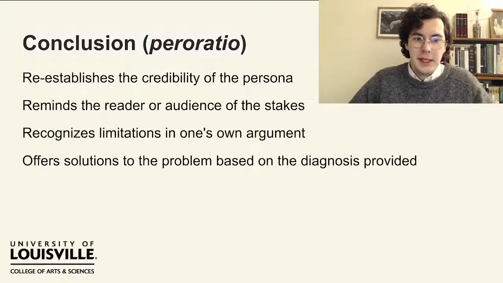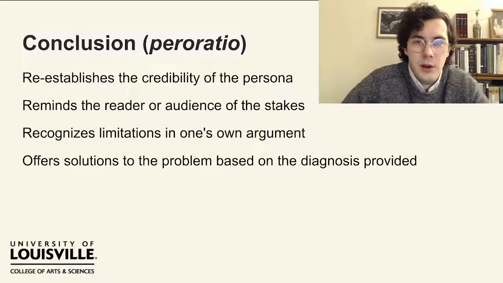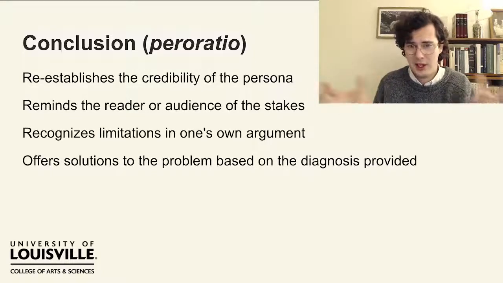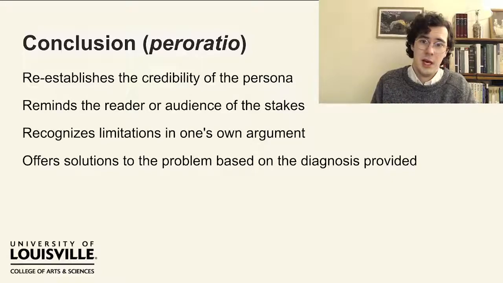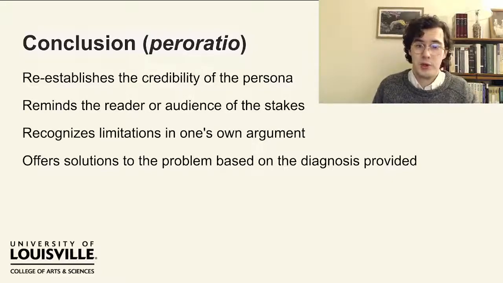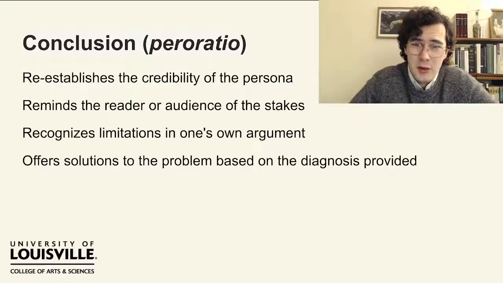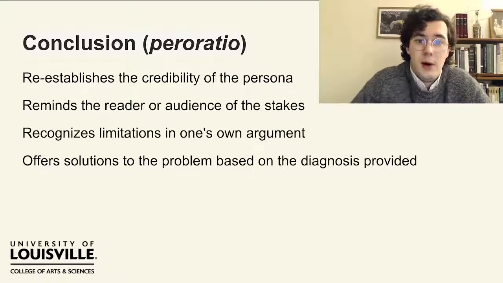And then lastly, recognizing the limitations in your own argument, okay? This is something that very rarely happens in political discourse and contemporary discourse around heated issues. But it's something I'm going to preach over and over again throughout our semester together: showing where you might not know everything.